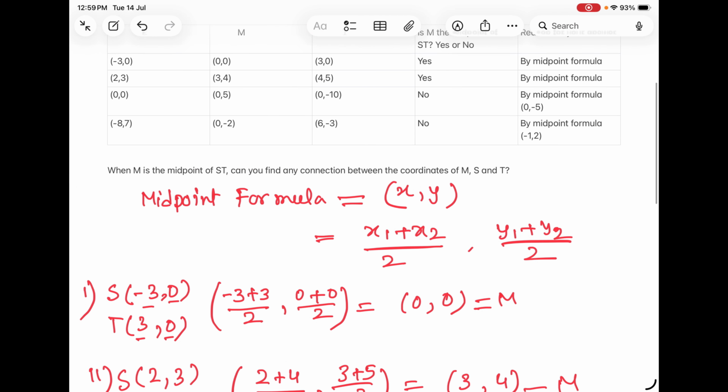And another part is there: when M is the midpoint of ST, can you find any connection between the coordinates of M, S and T?